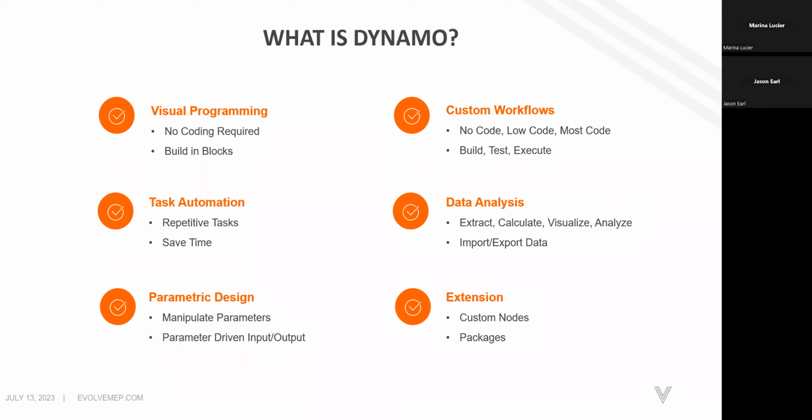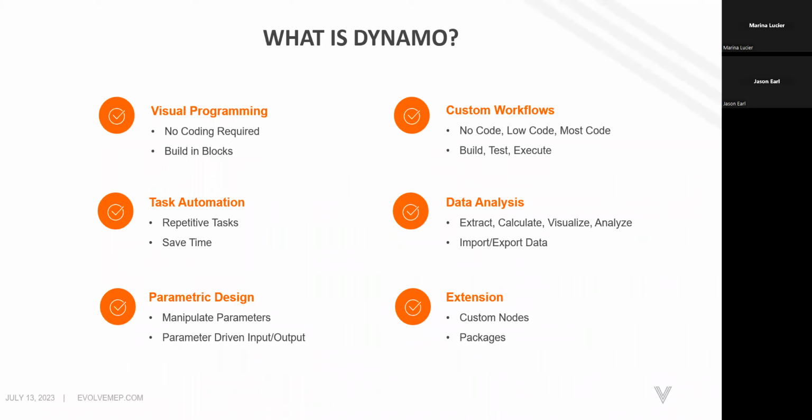Dynamo is really, really good for task automation, especially repetitive tasks, and can help you save a lot of time. For parametric design, Dynamo is very, very good for manipulating parameters, reading parameters, taking those as inputs, and then driving parameter outputs as well. Custom workflows: you can more or less do anything in Dynamo that you can do in Revit.